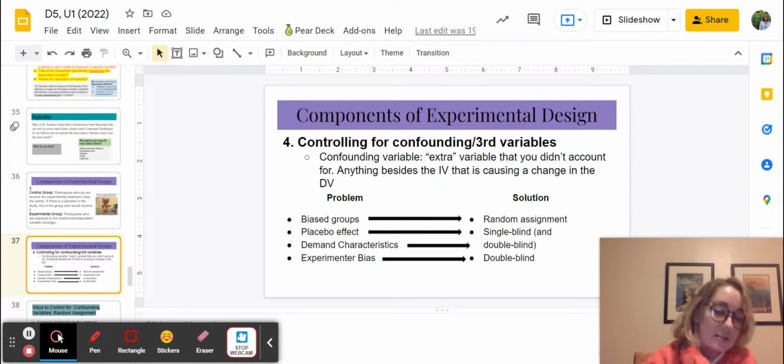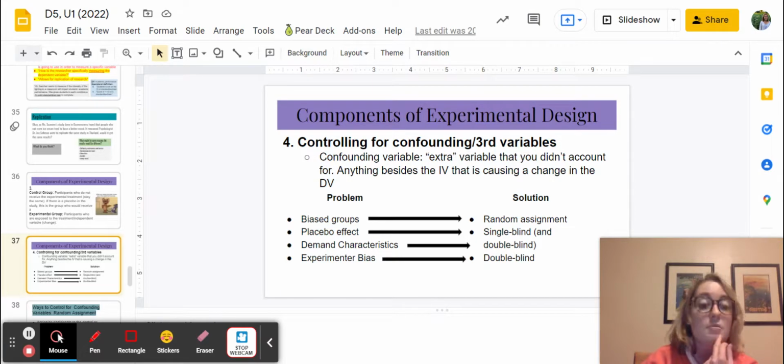So doing things like a single and double blind study, which I'm going to talk about, could help with that, as well as with demand characteristics, a word I've mentioned a few times. That's when you act a certain way because you know you're being observed or researched, or you try to interpret the purpose of the experiment and please the researcher and act accordingly.